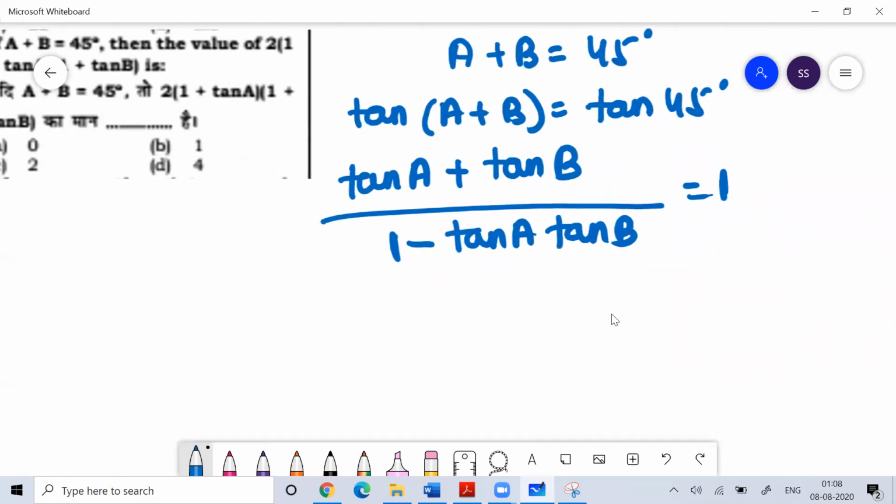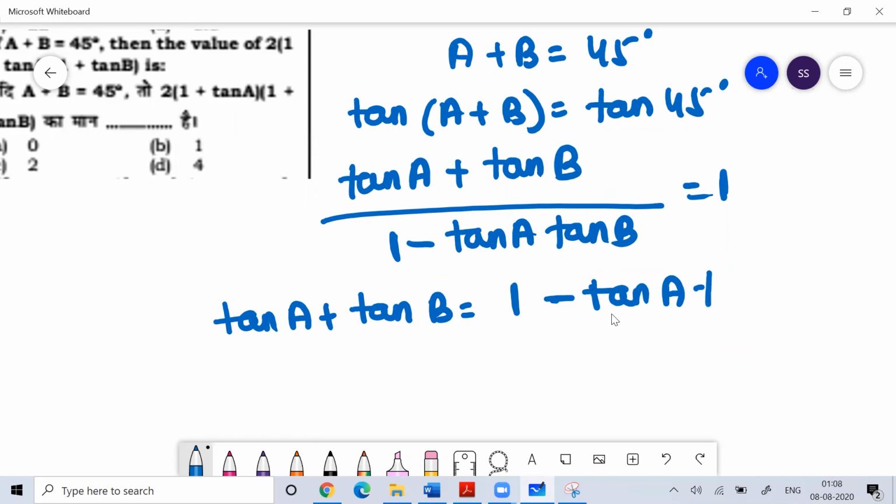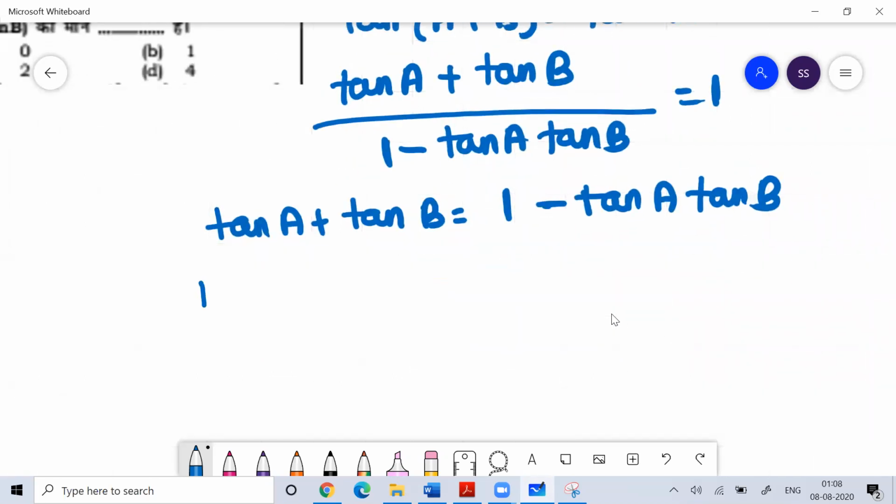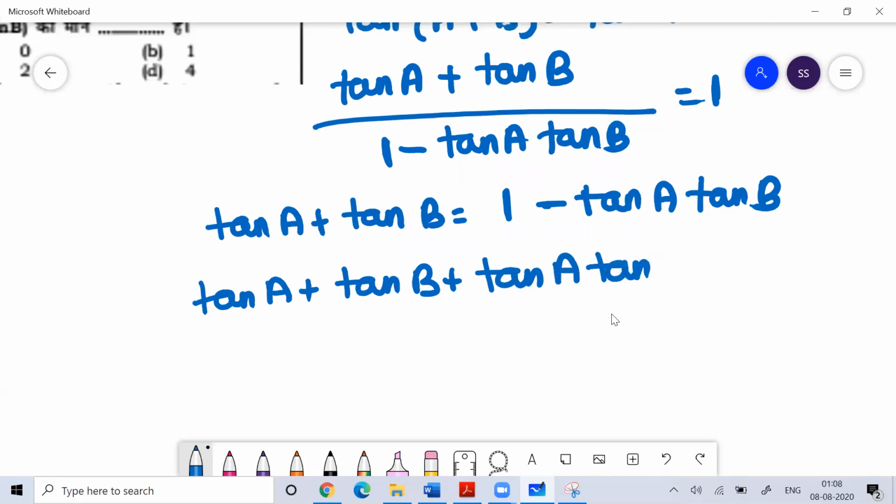So tan a plus tan b will be equal to 1 minus tan a into tan b. So I can say tan a plus tan b plus tan a into tan b equals 1.